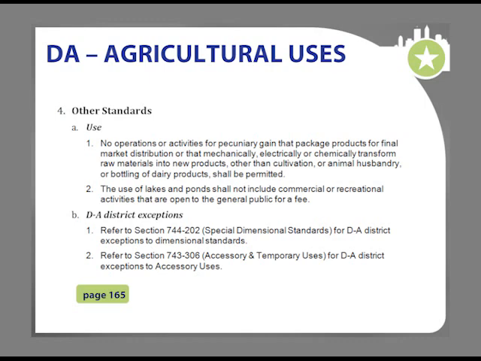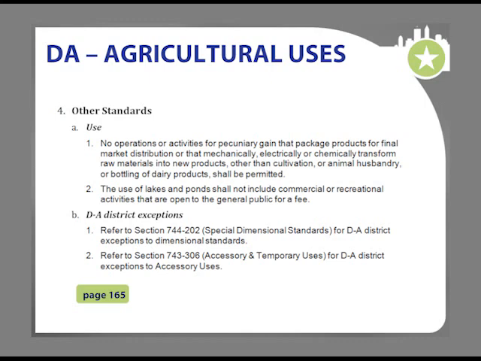For example, you can grow things, you can raise the animals, but we are limiting how they can be transformed in the DA district. We're making that distinction between growing and raising for food products as opposed to final treatment of those products for marketing purposes.